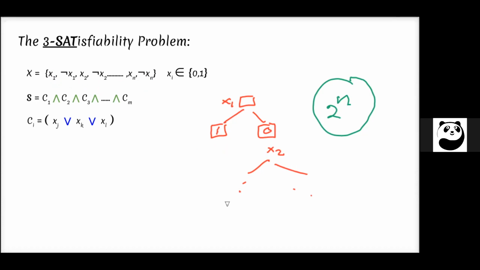If you follow this path, we might reach xn, and whatever choice we put for it, 0 or 1, the overall formula is not satisfiable. So we find ourselves backtracking and trying something else. But again, the intriguing fact is that if someone did actually find the solution, then verifying it is easy. You just plug it into the formula.